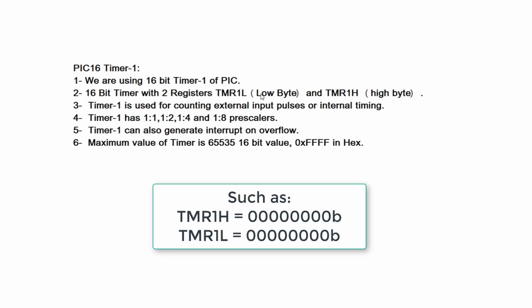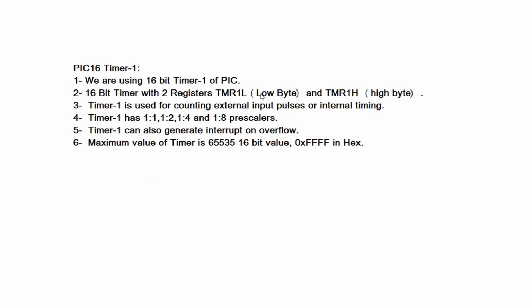Timer 1 is basically used for counting an external input signal, which can be pulses coming from an encoder or any other device, or for internal timing. The internal timing we are using for our delay purposes, as I have shown in the code how the internal timer is working.